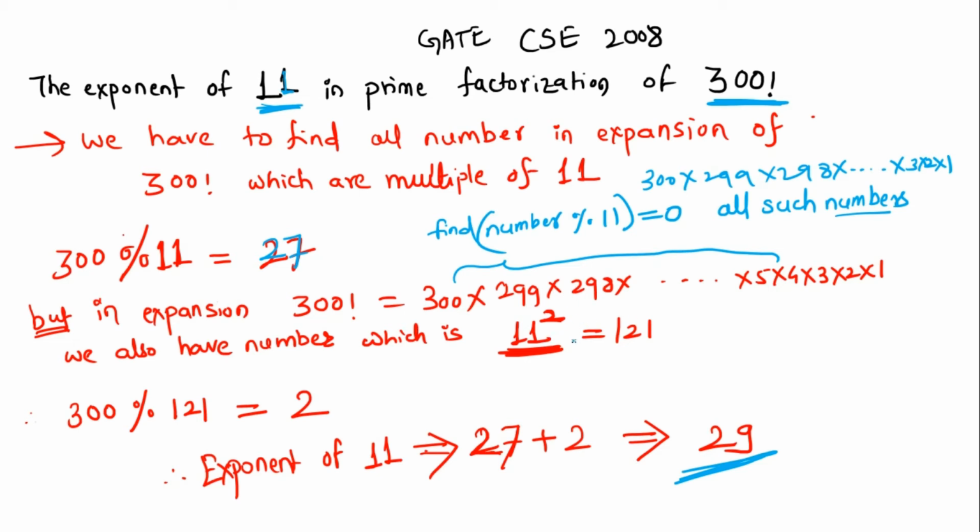So we have to find how many numbers are divisible by 11 square. The numbers which are divisible by 11 square are 2. So summation of this will be 27 plus 2. These many numbers are divisible by 11. The exponent of 11 is 29.